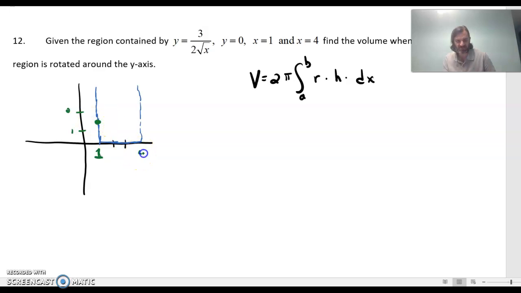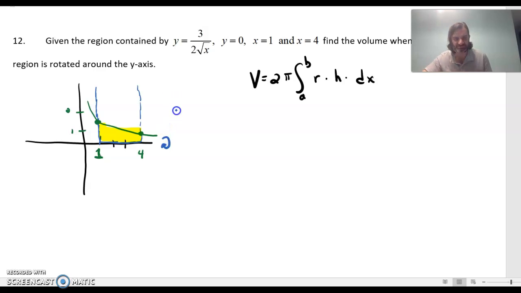And if I plug in 4, I would get 3 halves times 2, which is 3. So I think it looks something like a curve like this. I know I have the 2 correct points, and I know it's in the first quadrant and bound between here. So without getting any more exact, I think we're okay just looking at this region.